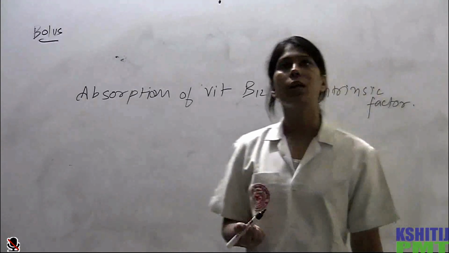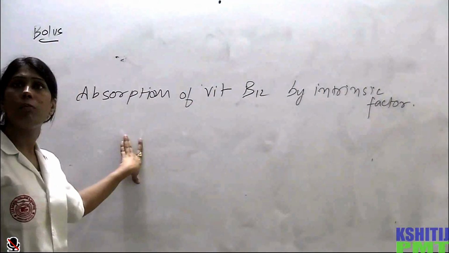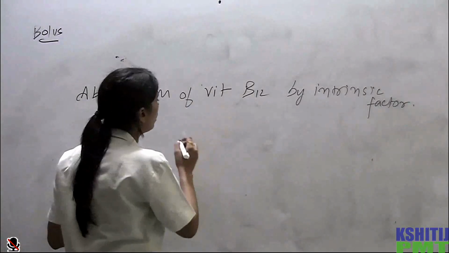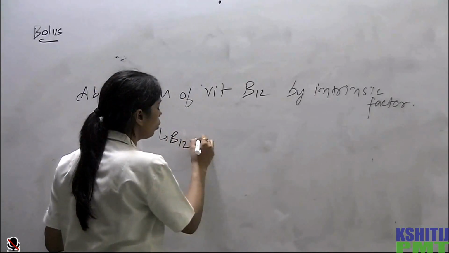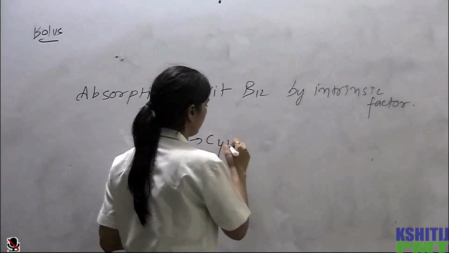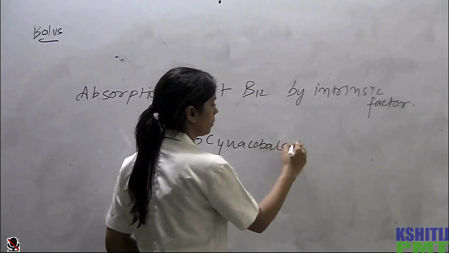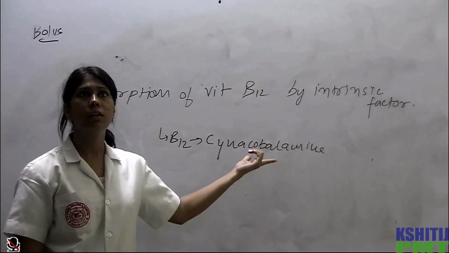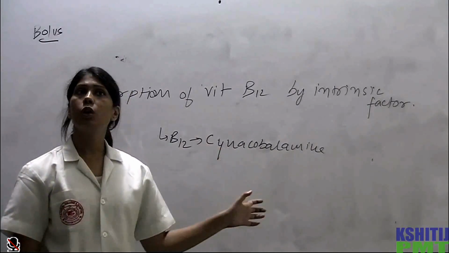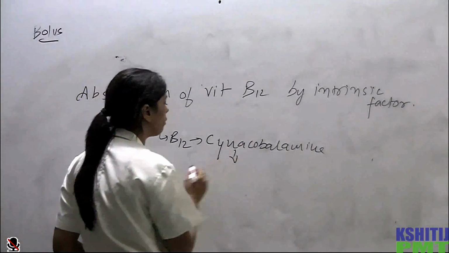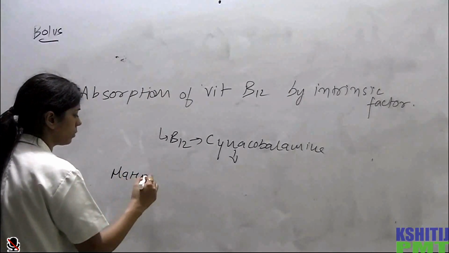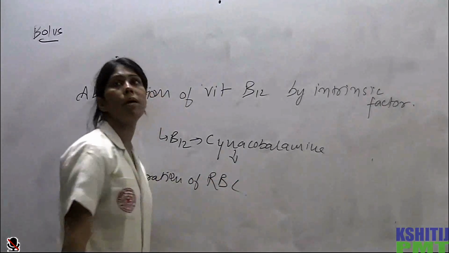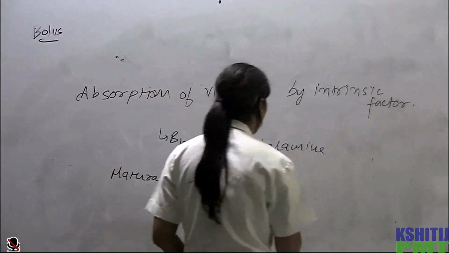Here we will see what this absorption is, what its function is, and why it is so important. B12 is also called cyanocobalamin. What is the function of B12? It helps in maturation of RBC, or erythropoiesis.